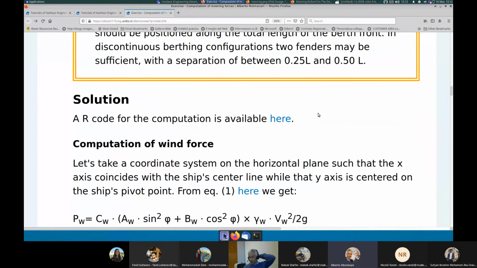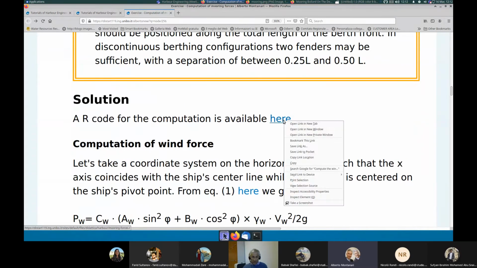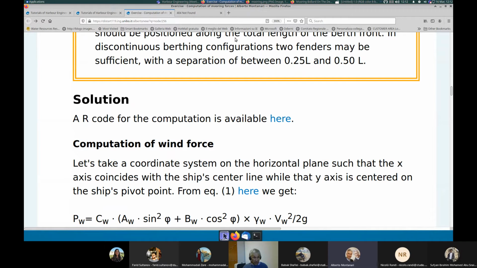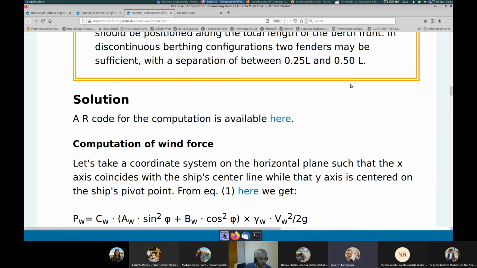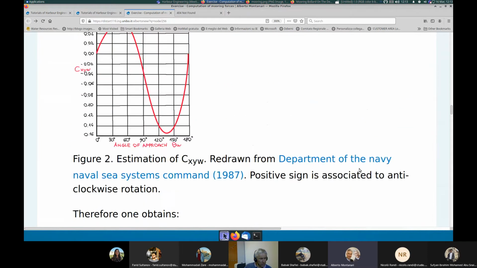Solution. Now, first, there is an R code that I open in a new tab. Sorry, it's not available. Why is that? Let me check. Not found. This is fun. Let me see, because there is a second code later on.